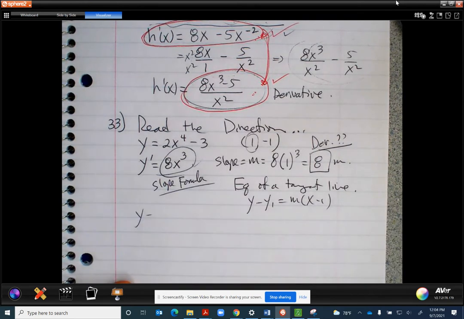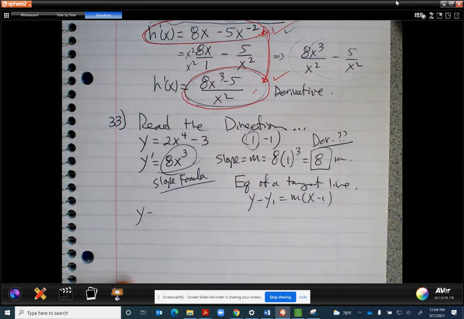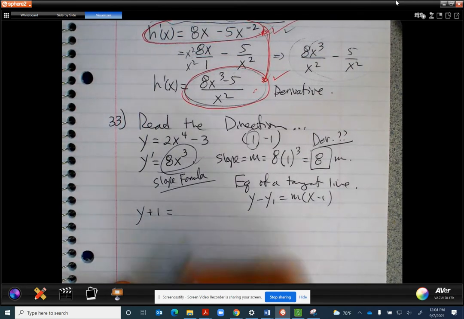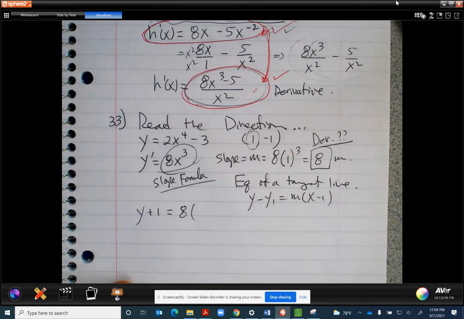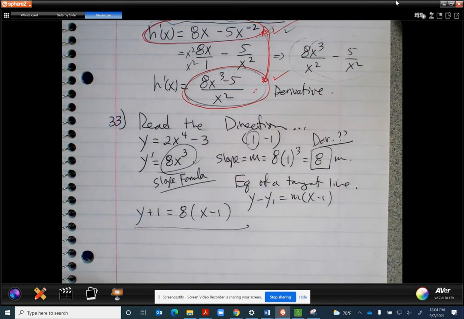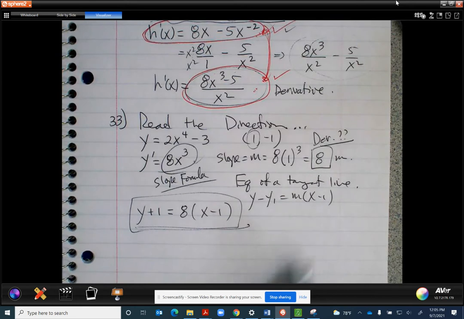Y minus negative 1, which is plus 1, is equal to 8 times x minus 1. And then I asked you to simplify this, right? You can leave it like this or simplify. You remember last week we took the whole page to do this, or half a page to do that? Today we're taking about 2 to 3 lines and that's it. And we're done.